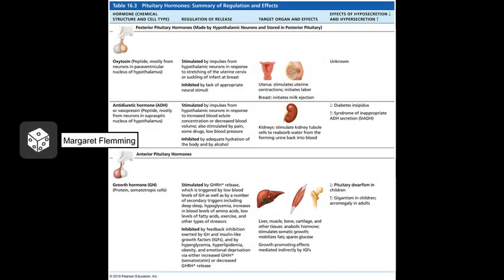These next two slides are from your textbook, table 16.3, and it takes you through the specific hormones that are secreted first by the posterior pituitary, oxytocin and ADH, or vasopressin, and those secreted by the anterior pituitary hormones.